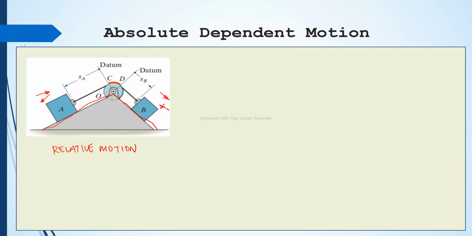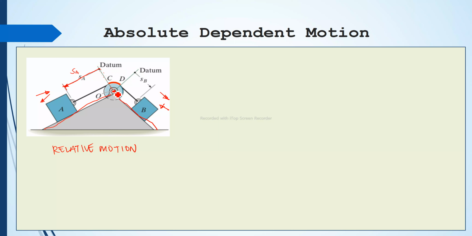So what's the first thing to do when dealing with absolute dependent motion analysis of two particles? First, you establish an origin, which will be our datum. From that, perpendicular to the cord and extended to box A, we will have length SA.